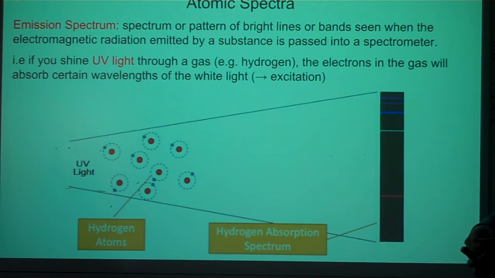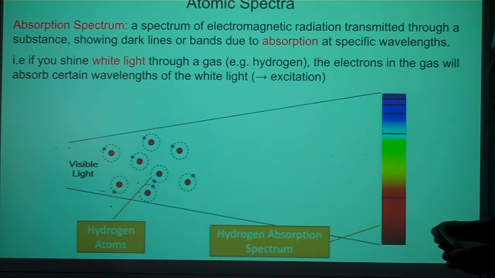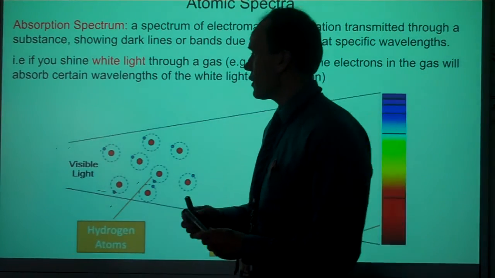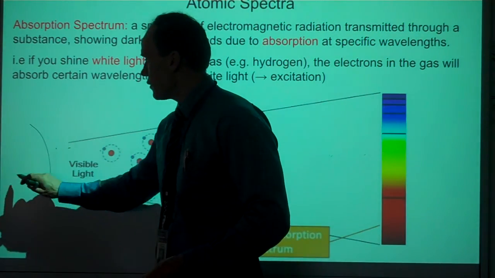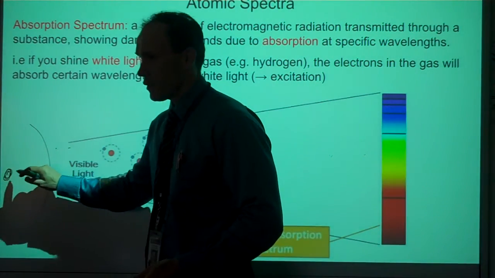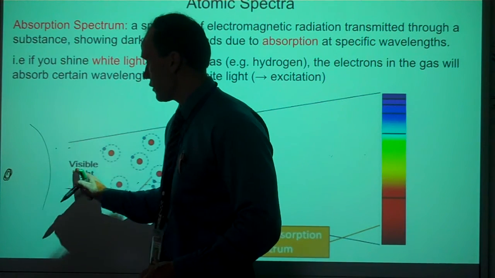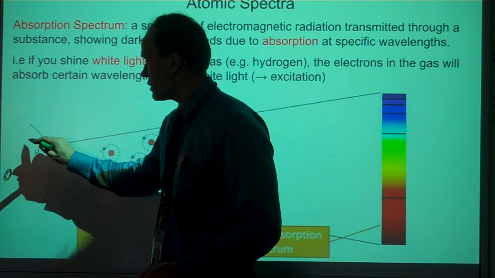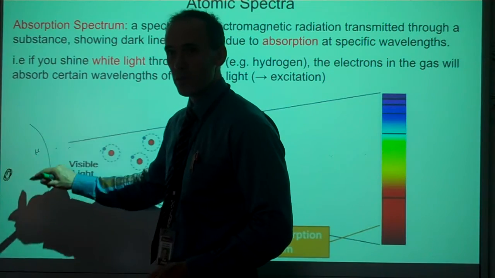Okay? Now, why is this useful, or how is this useful? Well, let's have a look at the example, I think I told you this last time, if we had a star fusing hydrogen over here and emitting energy, including visible light, and what would this atmosphere consist of?